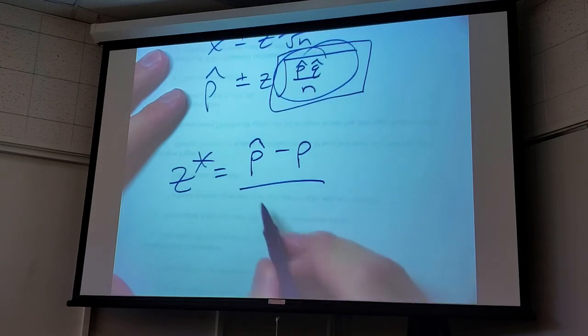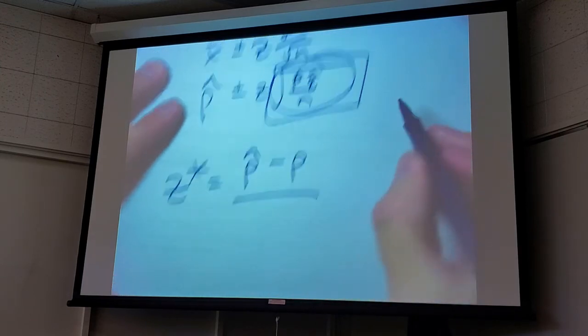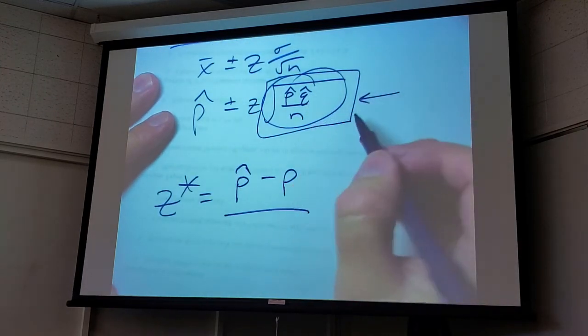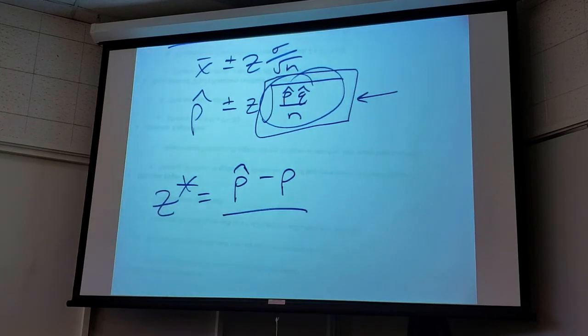And the one little thing that changes here, in this case, I had no idea what p and q were. In fact, that's the whole point of making a confidence interval, is to improve on our p hat guess for what the real percentage is, right? I don't have a clue what p and q are. In a hypothesis test, we assume that the number we're working with in the claim is the real thing.